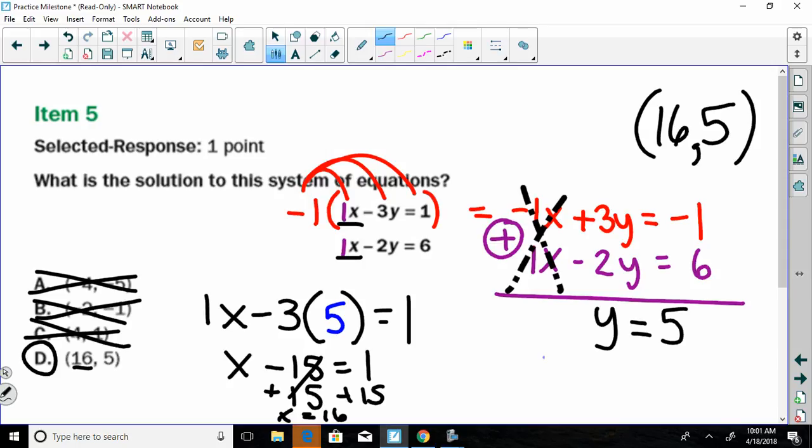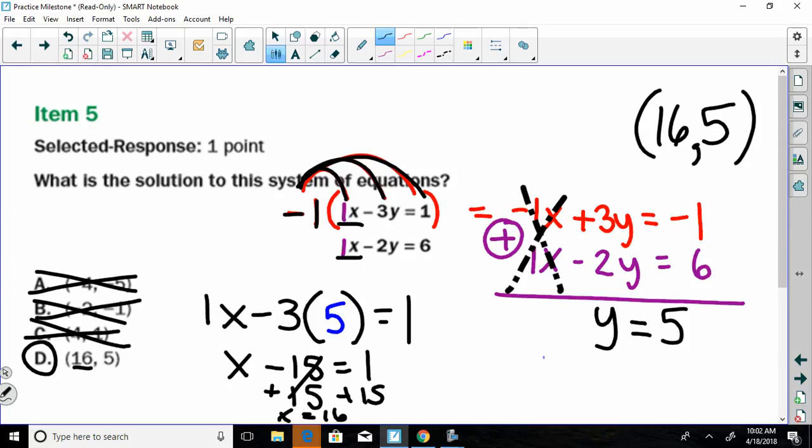So this one I would only have to multiply 1. Even if you use the bottom one, you still get the same answer. I just use the top one. So to change this to a -1, I need to multiply by -1. And you also need to distribute to all 3 terms, and that way we can eliminate. And you only can use elimination when both x and y are on the same side. Does that make sense?